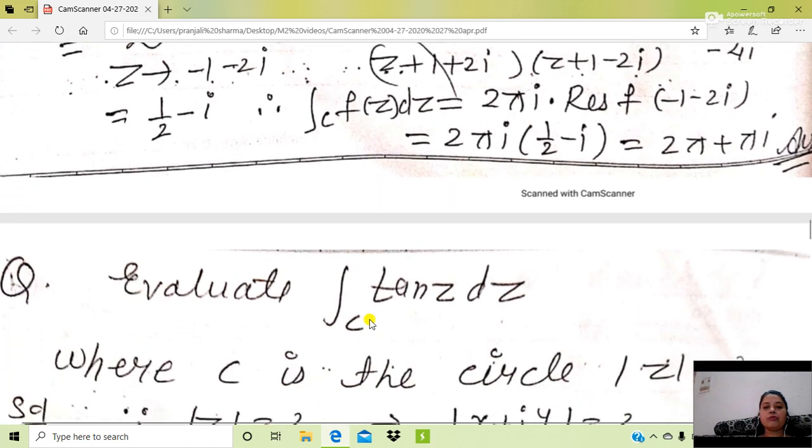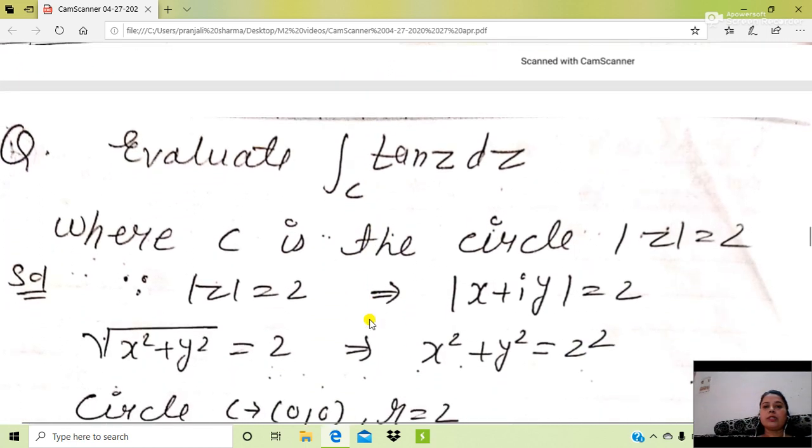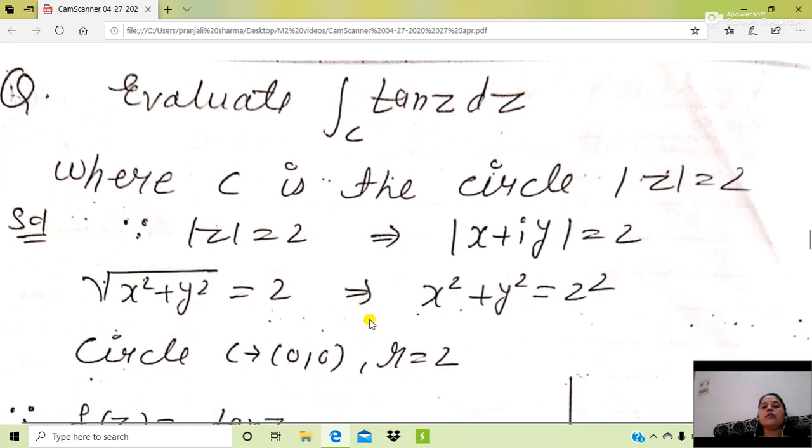Let's solve one more question using residue theorem. So we have to find the integration of tan z dz along the curve C, where C is a circle, mod z is equal to 2. So let's analyze this circle.